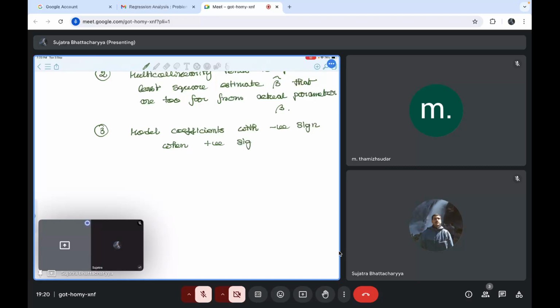If you expect that beta naught, beta 1, beta 2 are of positive sign, you will get a negative sign. So that is the problem of multicollinearity.